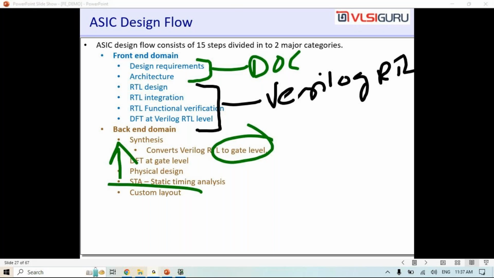From here to here, gate level format. Here it converts to transistor level, MOSFET or FinFET, whatever. There, since you have MOSFET, you have to draw the layouts, right? Individual layouts. That is custom layout.